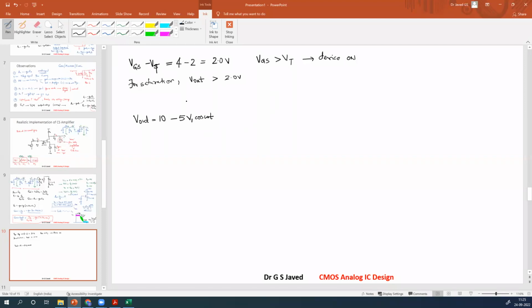Now let us use this equation and see what is the maximum input that you can have for staying in saturation. So what is the Vi max? 10 minus 5 Vi cos omega t should be greater than 2 volt. Then you will get the max input.